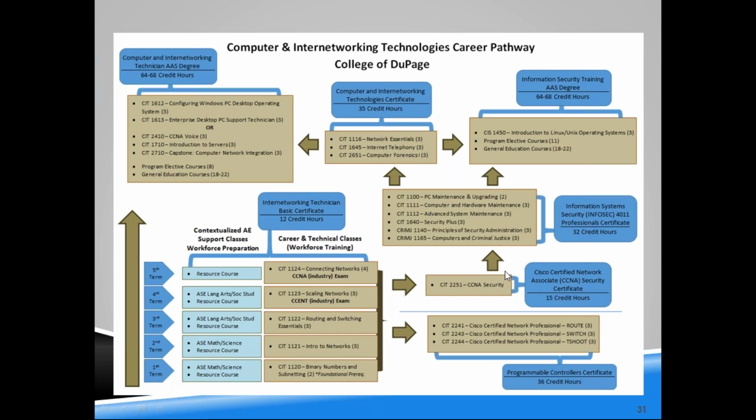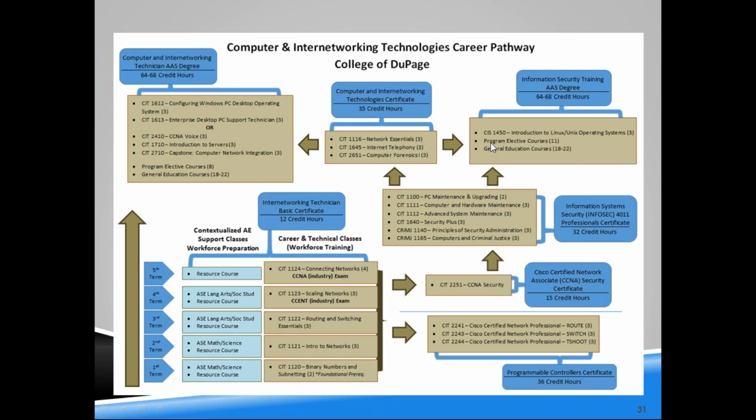Now, if they take this other one here, this is the CCNA, the Cisco Certified Network Associate Security Certificate. It's a mouthful, I apologize. One additional class, 3 more credit hours, gets them this certification as well. And then they can go into a more advanced certificate here, which is Information System Security.